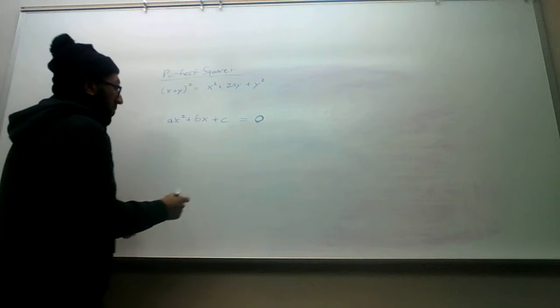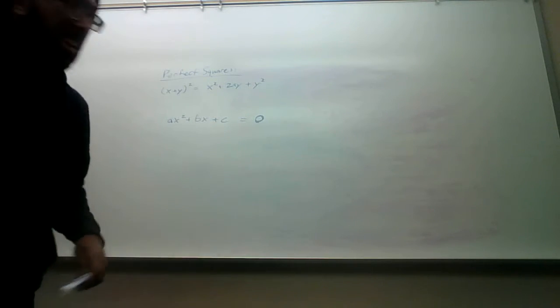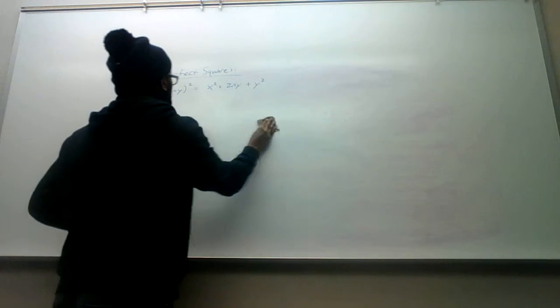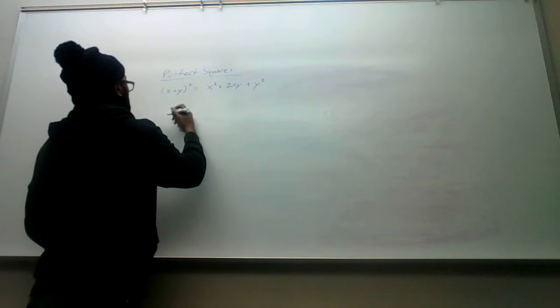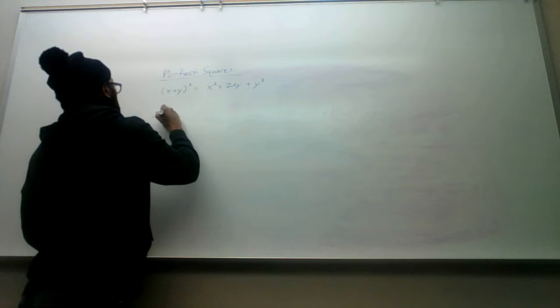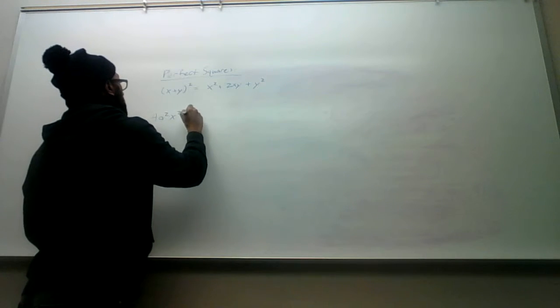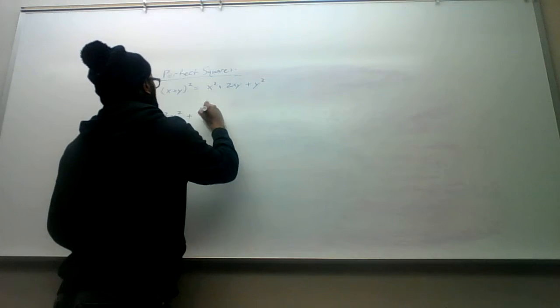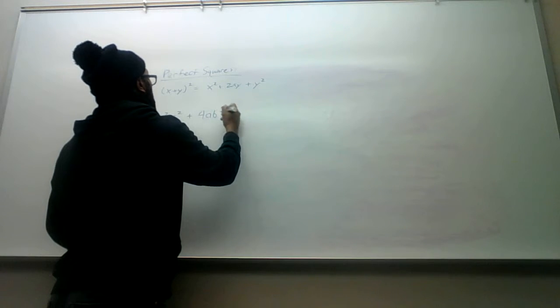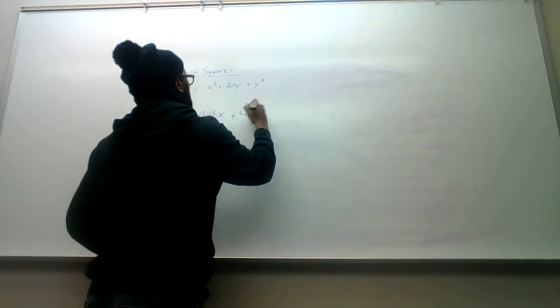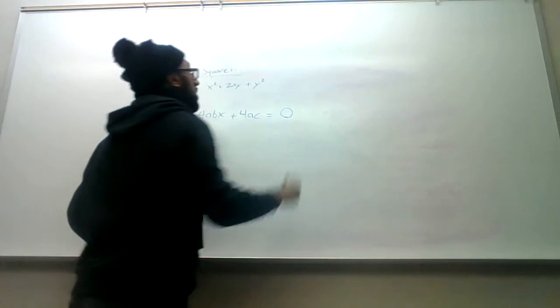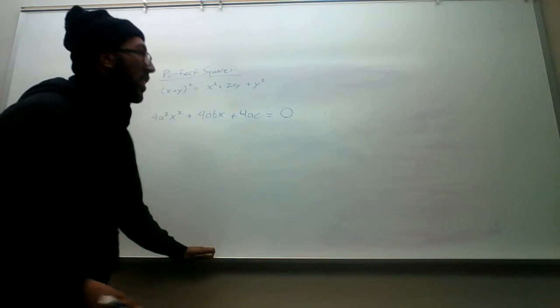I'll just rewrite this because I don't have a lot of space, since this is a long derivation. If you multiply both sides by 4a, you'll get 4a squared x squared plus 4abx plus 4ac is equal to 0, because naturally 4 times 0 is 0.